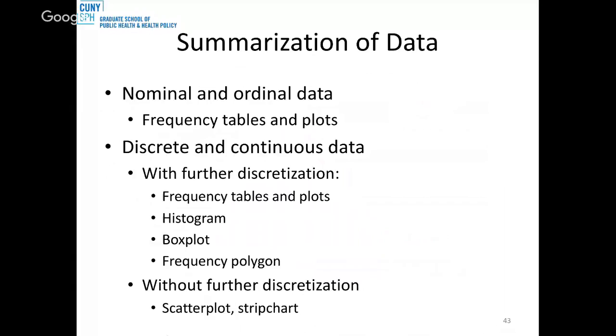We're only doing single univariate visualizations today, so we did further discretization along with frequency tables, histograms, box plots, and those frequency polygons, and without further discretization, the strip chart, and once we get into bivariate data, the scatter plot.